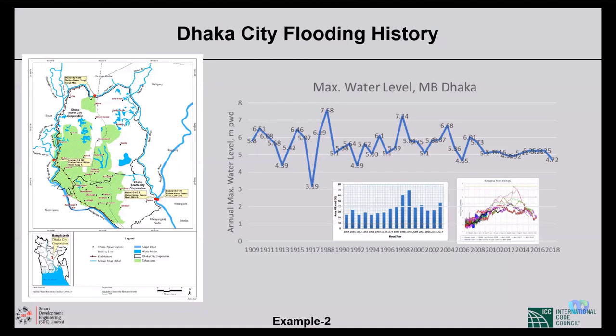Here is a hydrograph. This is one location in Dhaka city on the Buriganga. From there, we extract the time series data, the yearly maximum from daily data. Every year, one data point, and we plot this line. So it is the maximum water level in a year for Dhaka.